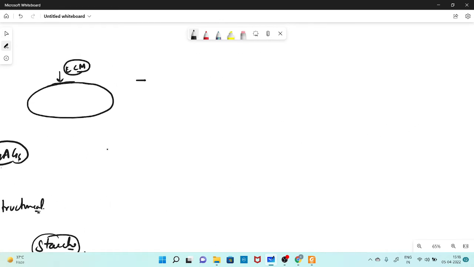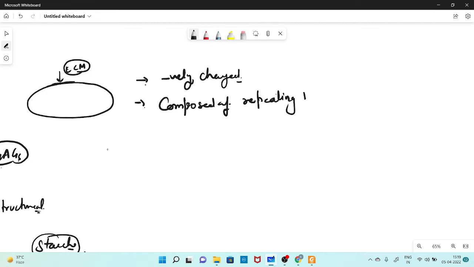Number one, they are highly negatively charged molecules, right? And second, they are composed of repeating disaccharides. You need to remember this: repetition of a single monosaccharide is not happening here. The disaccharide molecule is being repeated, right? So it is a disaccharide repetition.